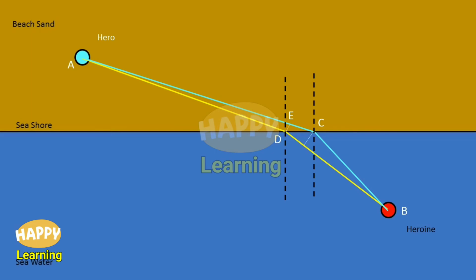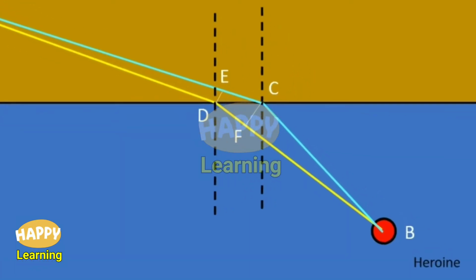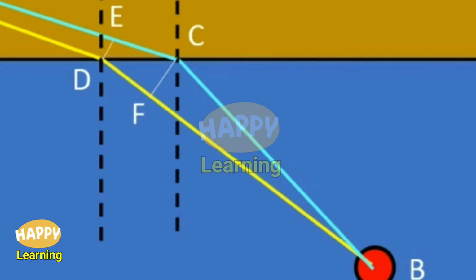Similarly, draw a normal from C onto the line DB. Let the foot of the perpendicular be F. Then by comparing the two paths ACB and ADB, we can say that CB is equal to FB.